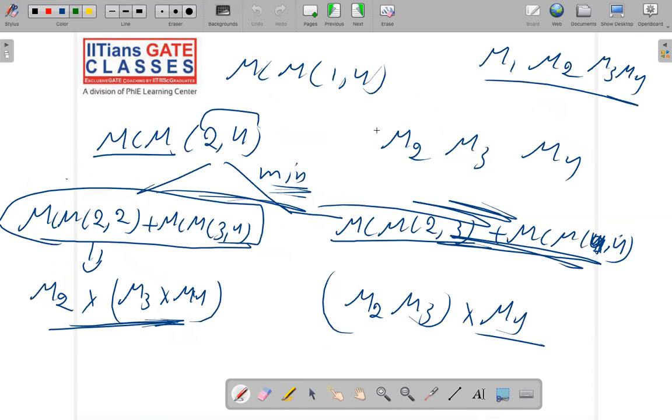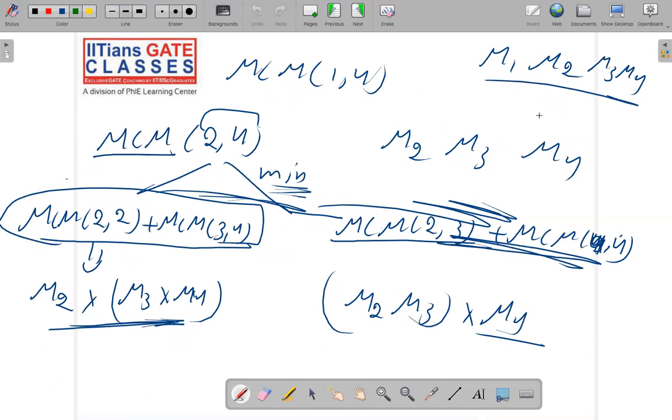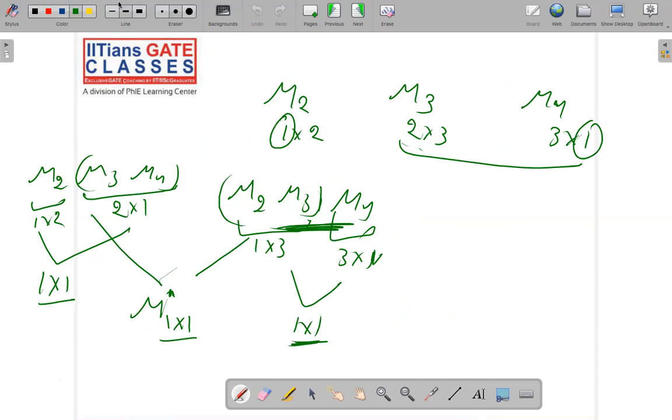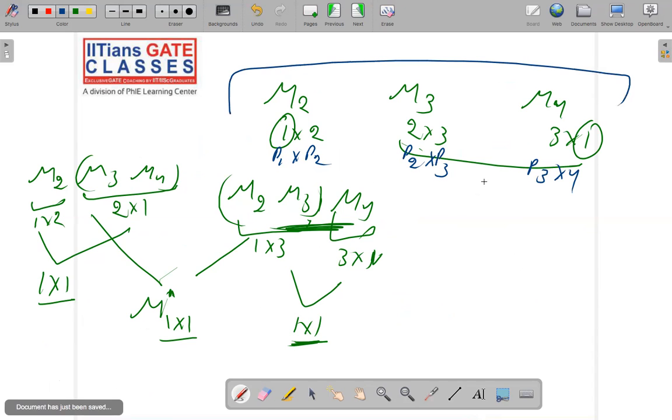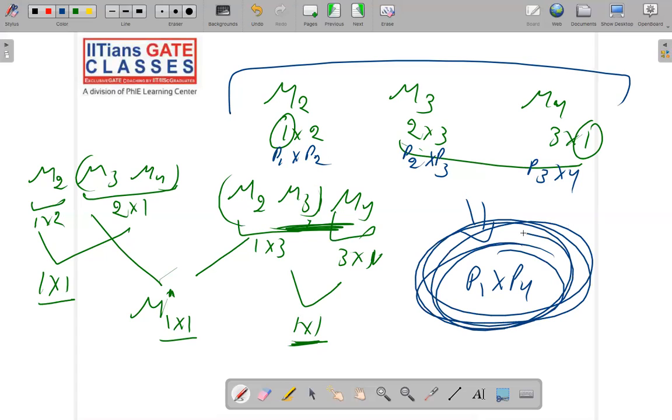Now in general, what was the dimension we considered here? Each dimension is P1, P2, P2, P3, and P3, P4. So what will be the end result dimension in general? It will be P1, P4.